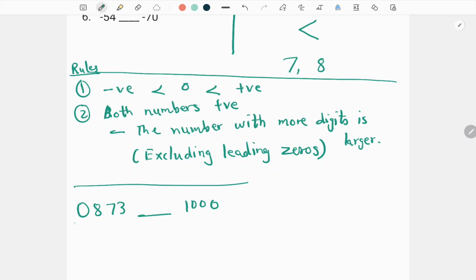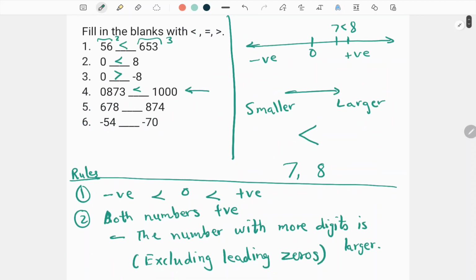If there was no leading 0, this is a 3-digit number, and in 1000 these are not leading zeros, these are trailing zeros. They are not part of the leading part of the number, so I cannot ignore them. This is a 4-digit number. The 873, the way it is written, looks like a 4-digit number, but I have to exclude leading zeros. These are of no value, so remove them. This is a 3-digit number, and 1000 is a 4-digit number, so this sign is less than.